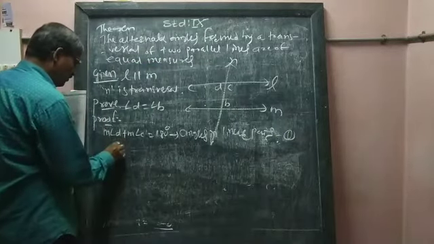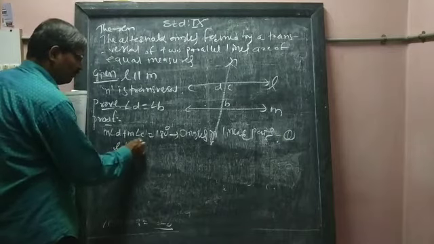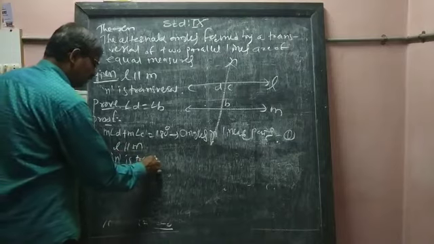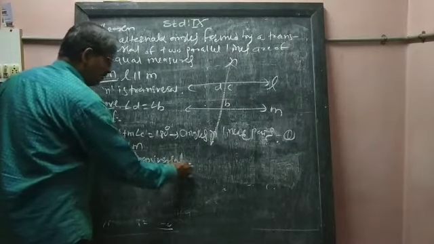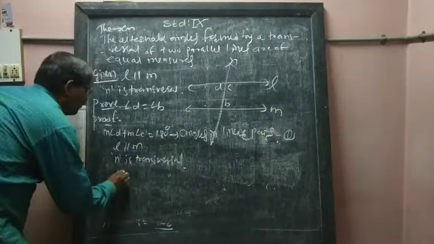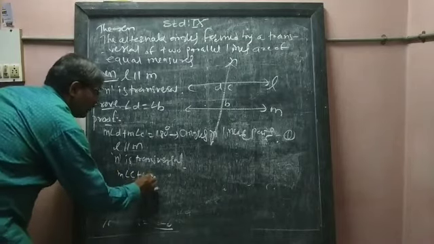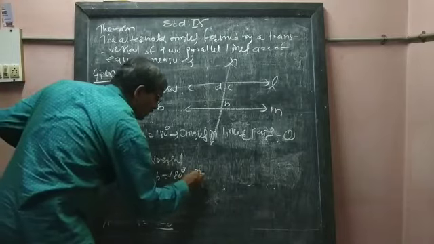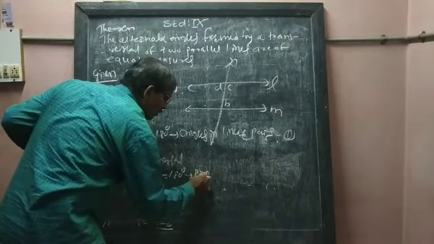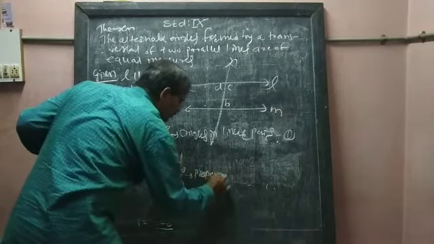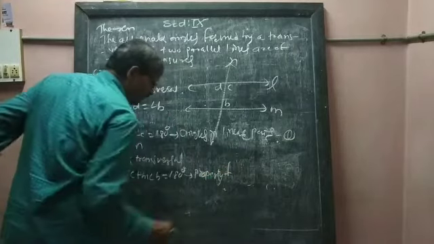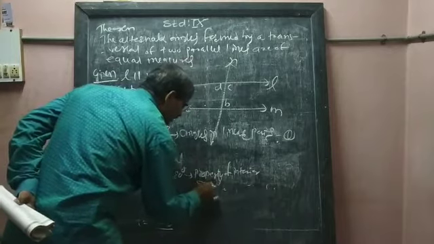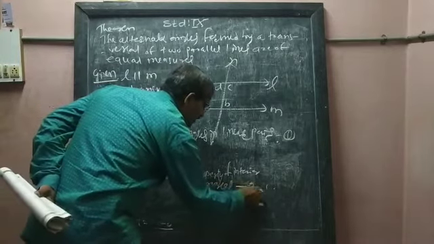You should mention L parallel M. N is transversal. Therefore, measure of angle C plus measure of angle B is equal to 180 degrees. Property of interior angles. This is number 2.